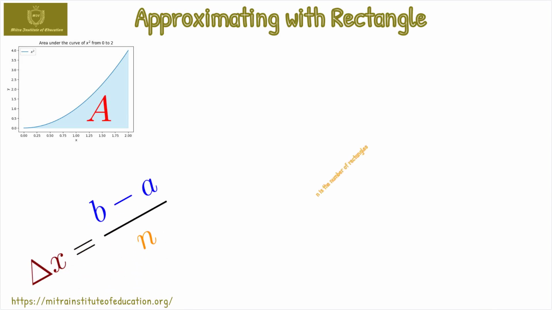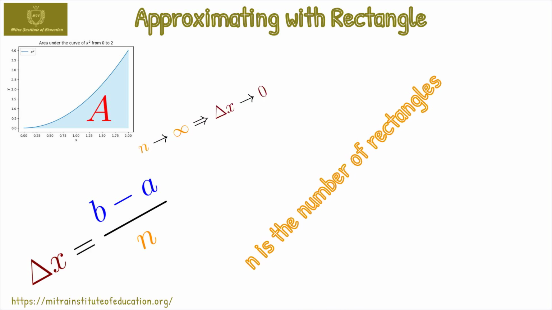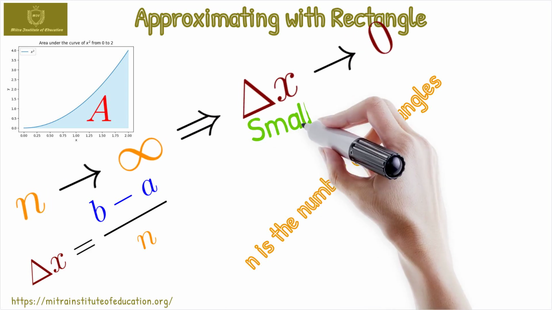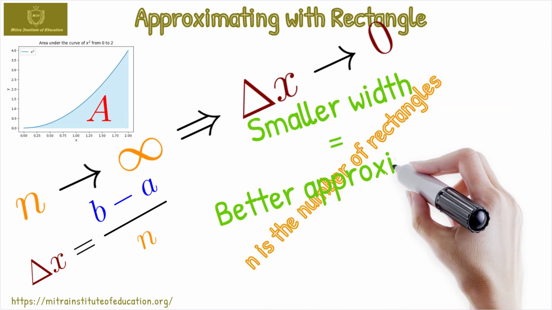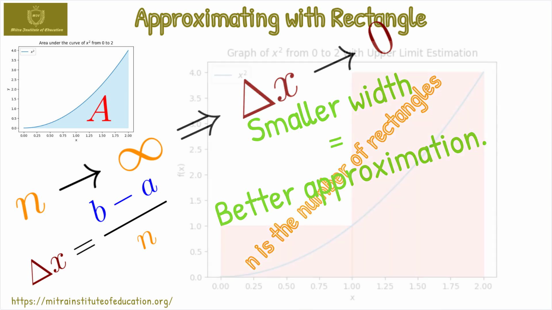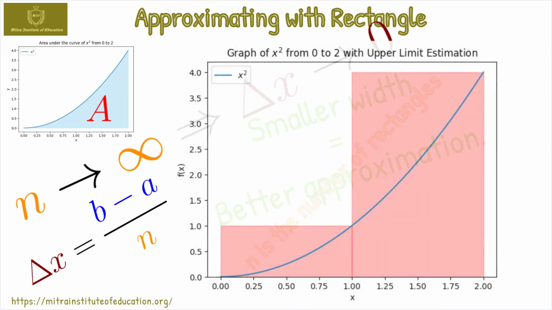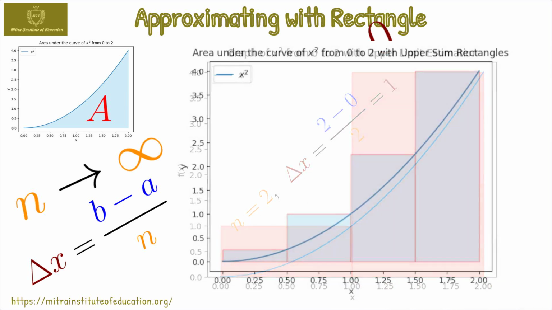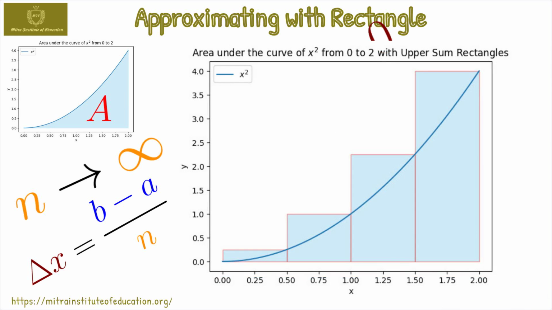As the number of rectangles increases, and their widths approach 0, the total area of the rectangles gets closer and closer to the exact area under the curve. This amazing concept forms the foundation of integration. It allows us to find the precise area under a curve, mathematically and accurately.